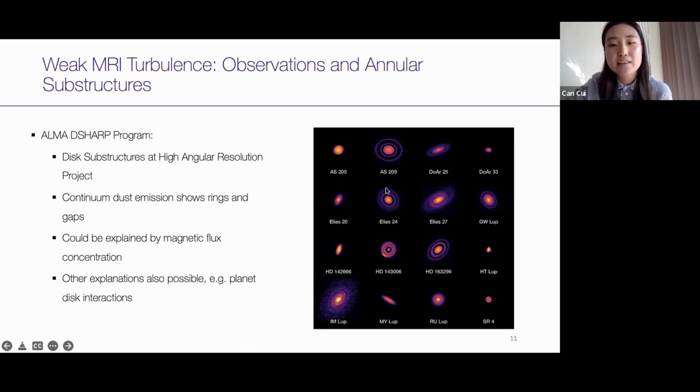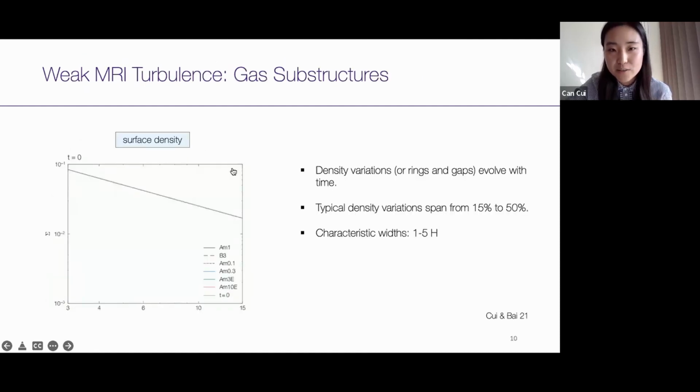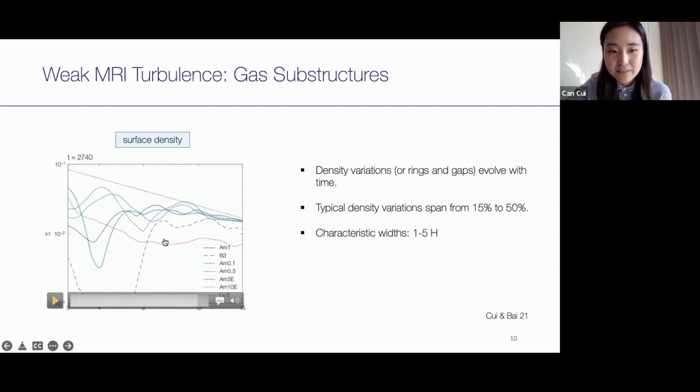If you look at the right panel, some of the images show rings and gaps in the disks. These plots are the continuum emission, and those rings and gaps might be explained by the flux concentration, because as we have seen in my previous slide, the surface density shows some bumps at different locations.